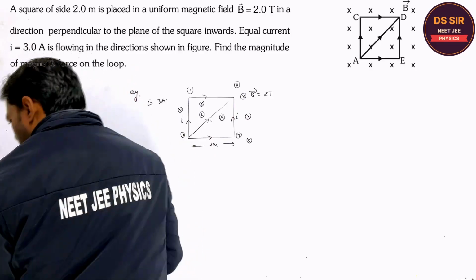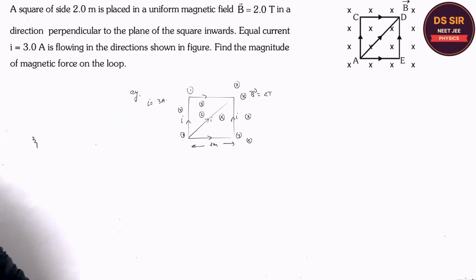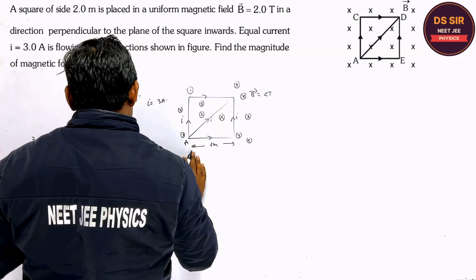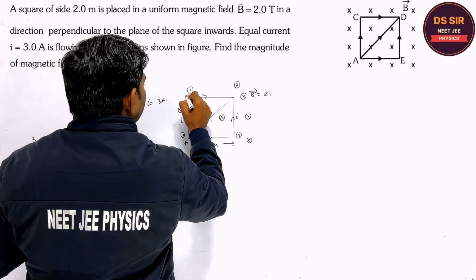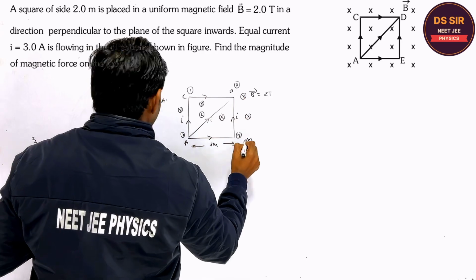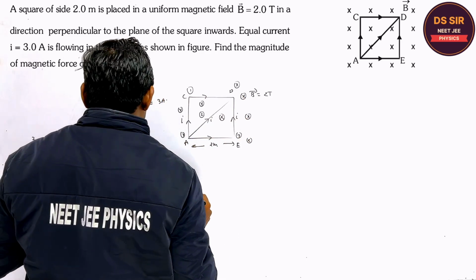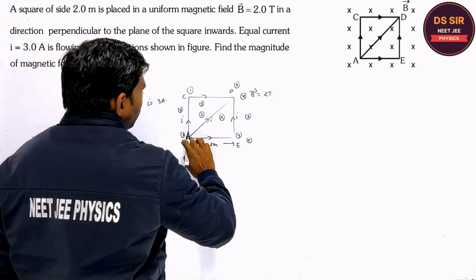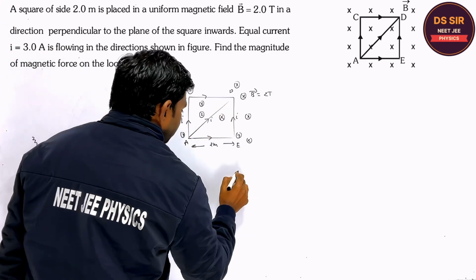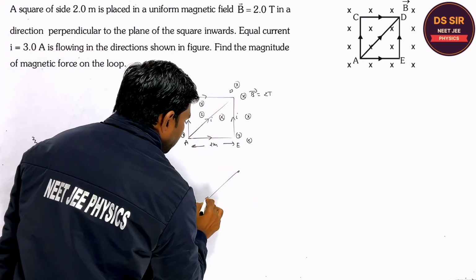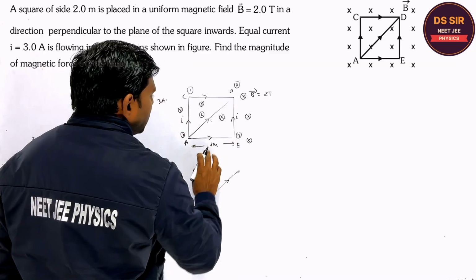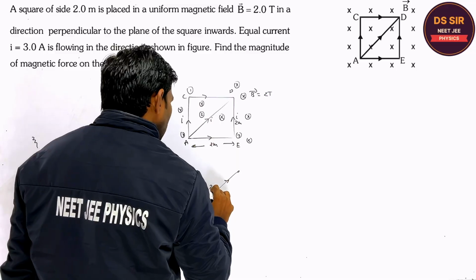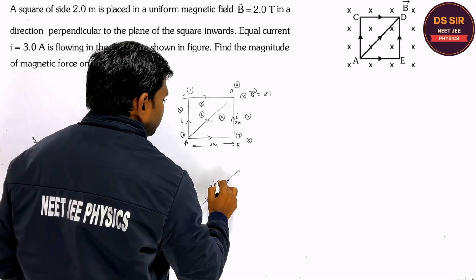So if you consider the names, this is A, C, D and E, like this. Is it clear or not? Yes. So if you consider this AD part, the current is like this. If it is 2 meter by 2 meter, what is its length? Say 2 root 2 meter, or not, you tell?